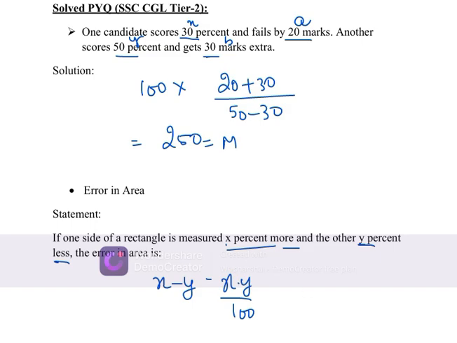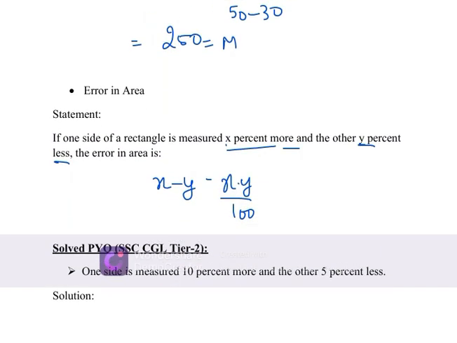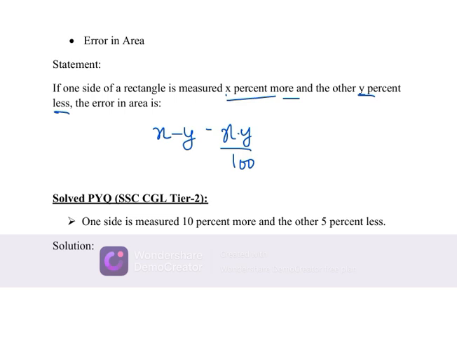So let's see an application based question of this. One side is measured 10% more and the other is 5% less. By what percentage will the area decrease or increase? You have to find the value given by this formula, x minus y, which means 10 minus 5, minus x into y, which means 10 into 5 divided by 100.